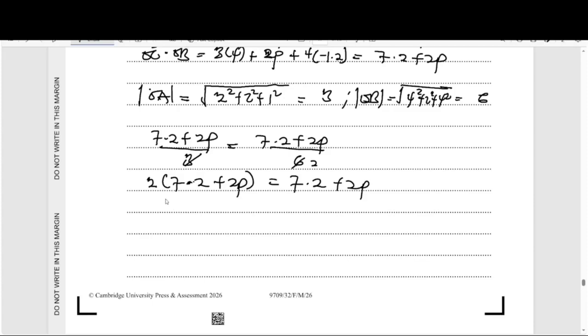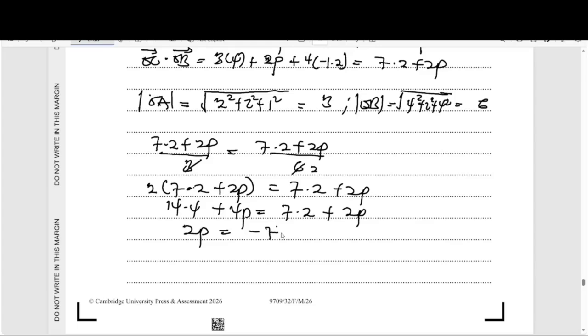So we have 14.4 here plus 4p is equal to 7.2 plus 2p. Now 4p minus 2p, you're going to have 2p, and then 7.2 minus 14.4 is another 7.2 but negative.